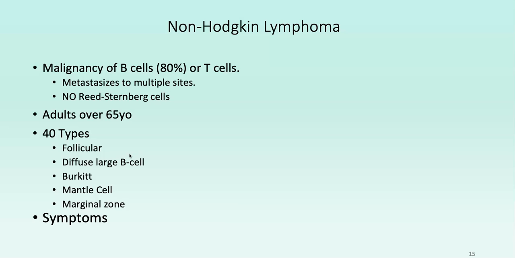Follicular is a form of non-Hodgkin lymphoma that accounts for 1/3 of all NHL cases, or non-Hodgkin lymphoma cases. The peak incidence occurs around 60 years of age. The primary site is lymph nodes, but other sites can include bone marrow, peripheral blood, head and neck region, gastrointestinal tract, or the skin.